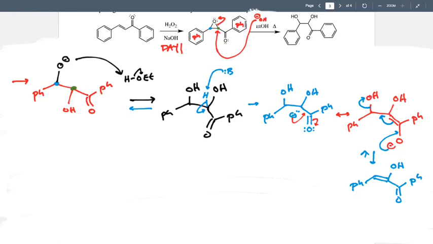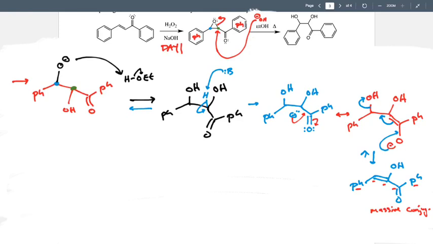In this structure, we have the phenyl ring followed by sp2, sp2, sp2, sp2. This structure has massive conjugation. What does that do for us? That drops the energy of that structure, meaning it is now a pretty stable structure.